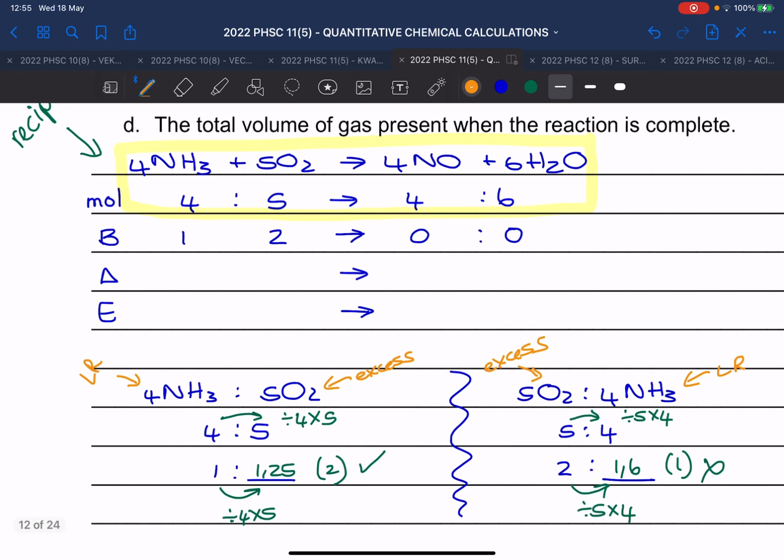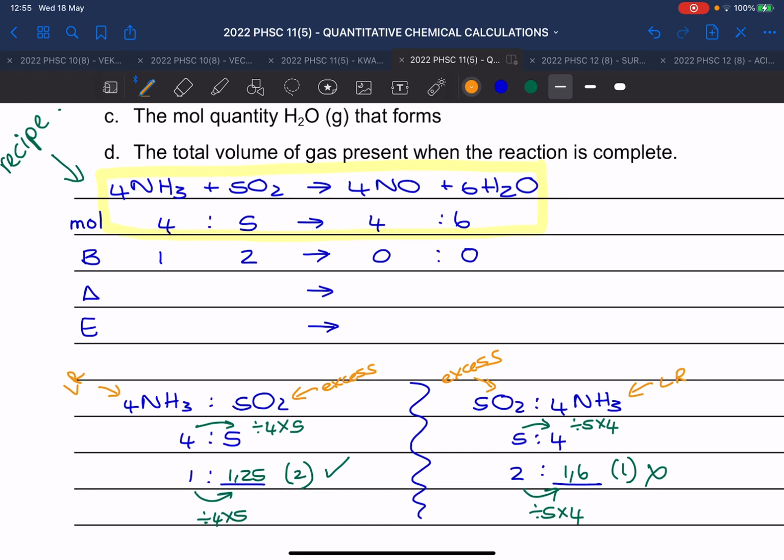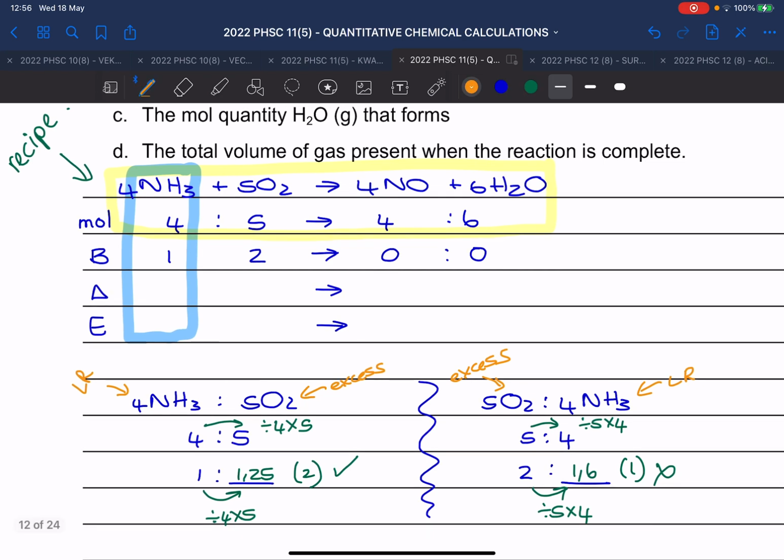Okay, now the one that is your limiting reagent. You're going to see I'm highlighting this block there. That is my limiting reagent. There are two things that you must remember regarding your limiting reagent. Number one is you use all of it.